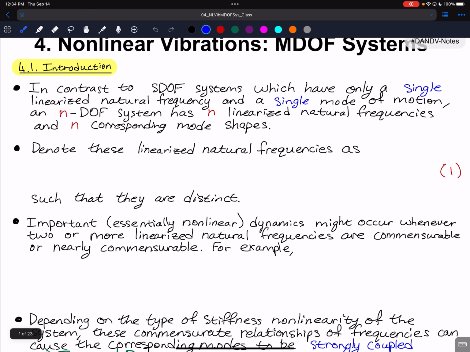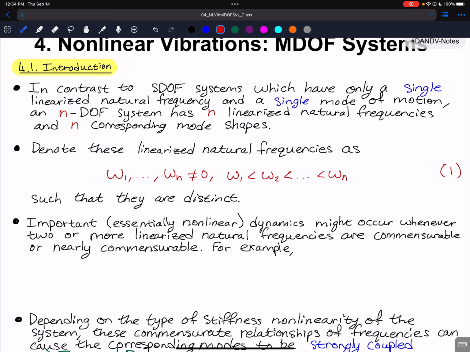All right, so in this case, we're going to denote these linearized frequencies as omega 1, all the way up to omega n, and we're going to say that they are not equal to 0, so we have no rigid body motion is what we're assuming here. We're also assuming that the modes are distinct, meaning that omega 1 is our lowest frequency, and then omega 2 is greater than that, and so on up to omega n.